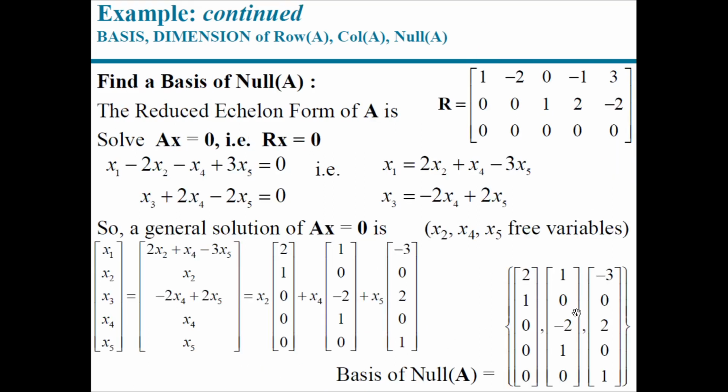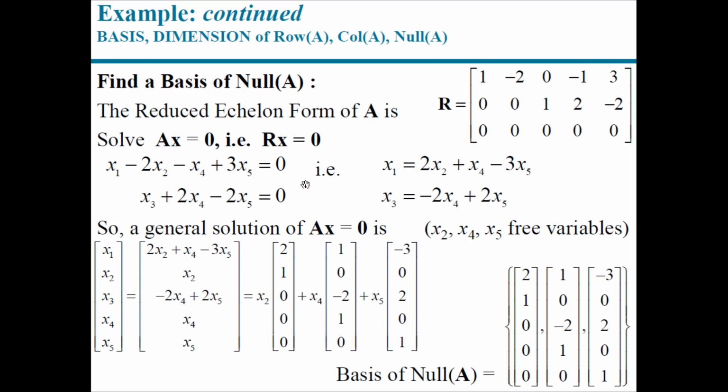Very simple. To find the basis for the null space, again, we need to solve Ax = 0, a homogeneous system, which is the same as solving Rx = 0. We have R, the reduced echelon form, given, so we need to solve Rx = 0. Be careful. It's not a big deal, but be careful.